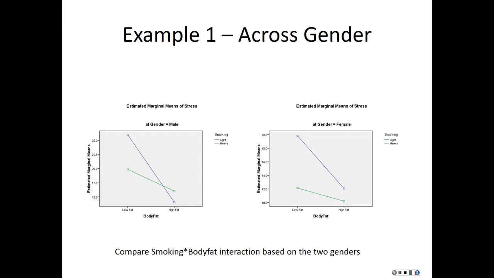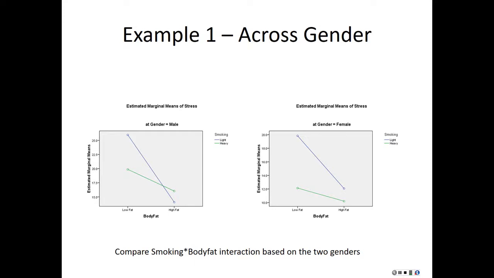Of course, the scale isn't the same, so theoretically I should put them on the same scale to make them more interpretable. That would have been smart. But pretending we're looking at the difference, there's about 8 points difference here, and there's 5 points difference for the males. So it's definitely a larger difference for the females.